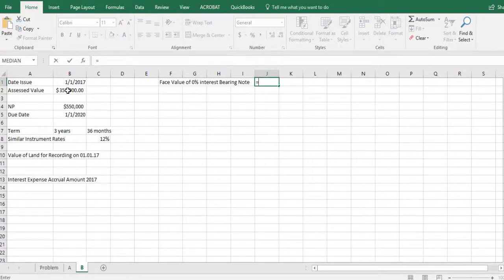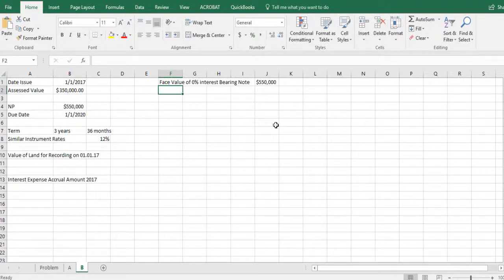We know the face value, and what we will pay on January 1st, 2020 is $550,000. There are some other facts that we know. This has a term of 3 years. We also know that similar instruments have a 12% rate. So because it is a similar instrument, we can use that value.